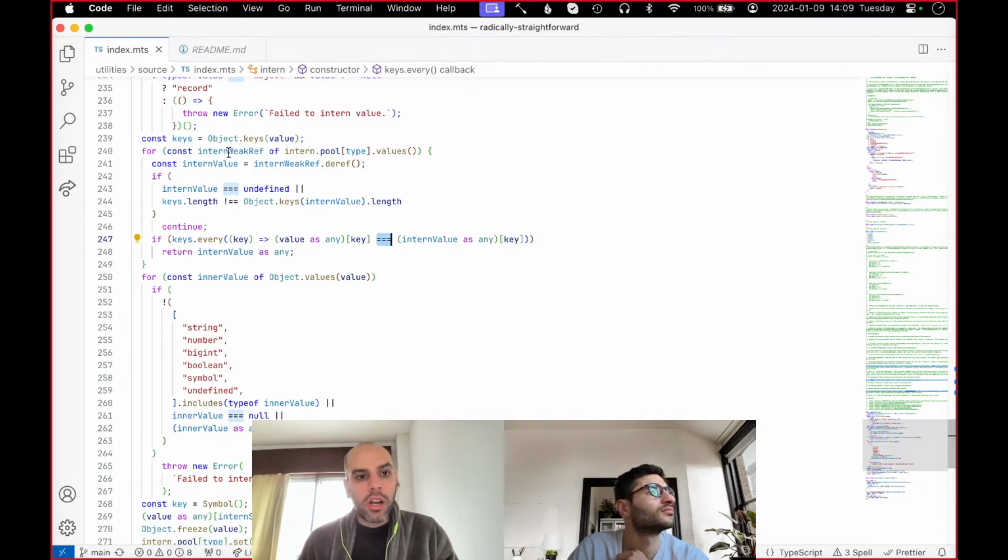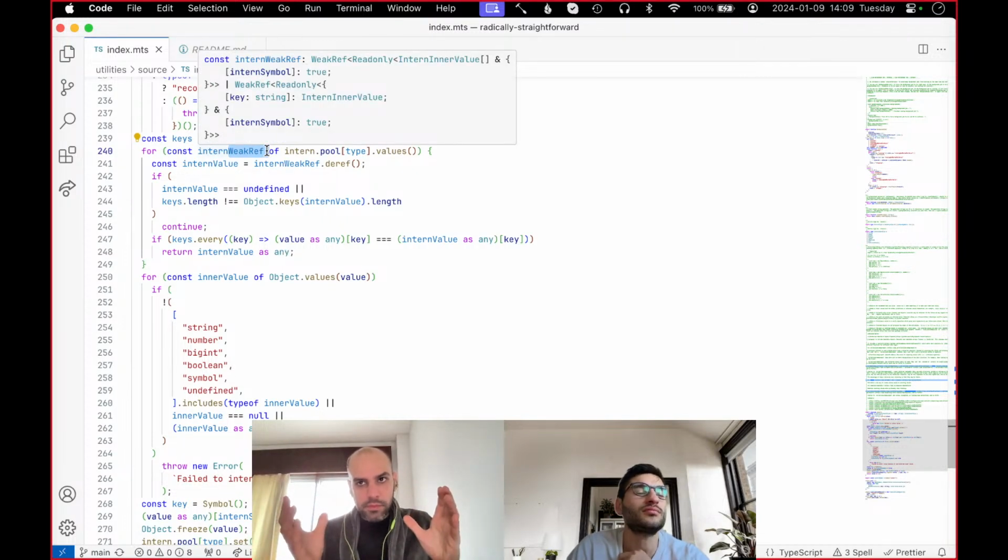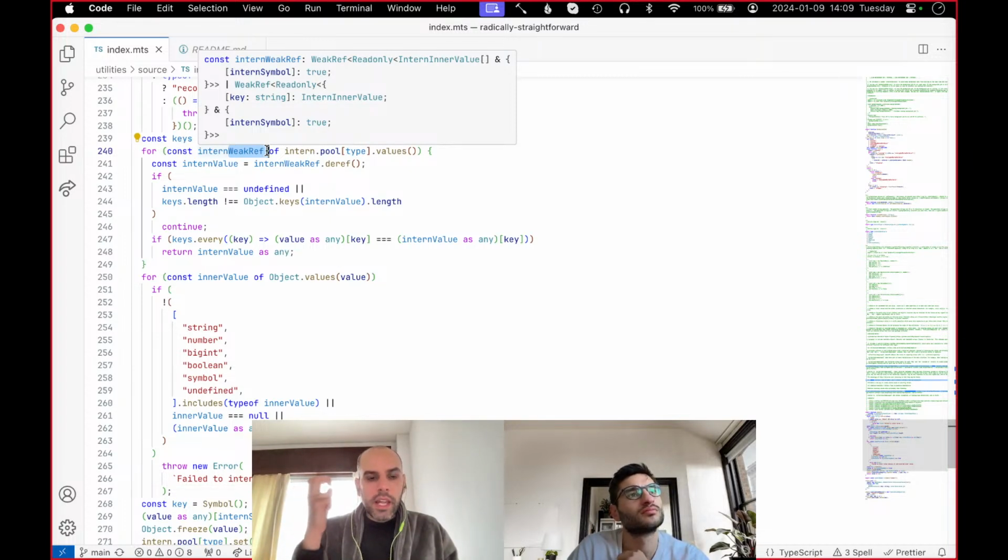which are a wrapper, a box, that you can put anything in, and you can take the thing out again, but that box is not holding what is called a strong reference. So the garbage collector is allowed to garbage collect your value.